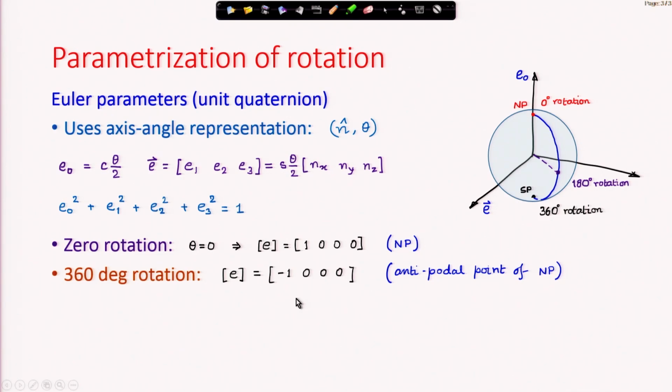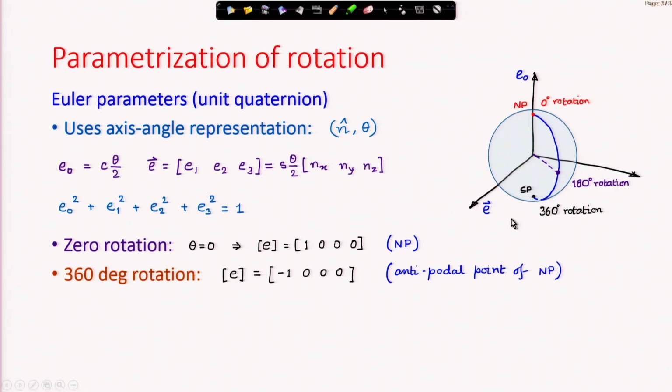If you just put theta as 2 pi radian, you will get -1, 0, 0, 0. In other words, 360-degree rotation is the south pole, -1, 0, 0, 0 is the south pole of the sphere in 4-dimensional space.